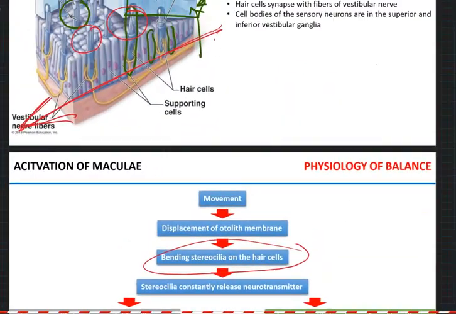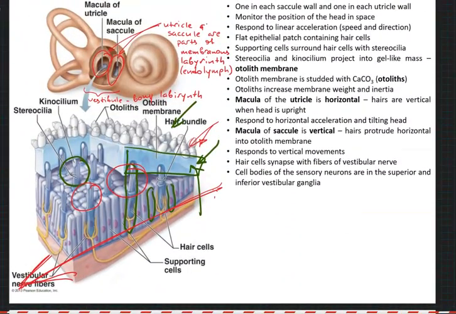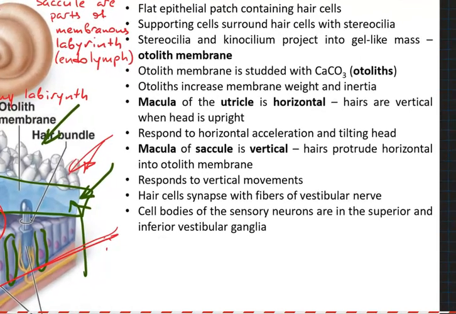Now, going back to this, check this out. If the macula is located horizontally, like in the utricle, it will sense, well, movements that are in the horizontal plane, forward, backwards, left, right.